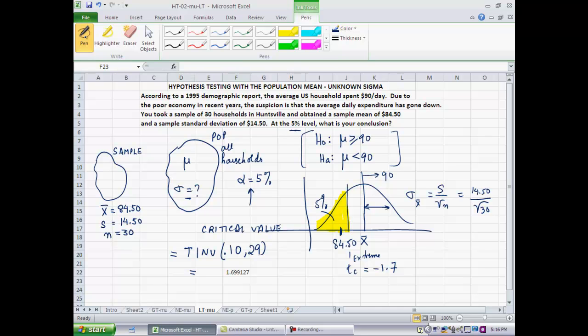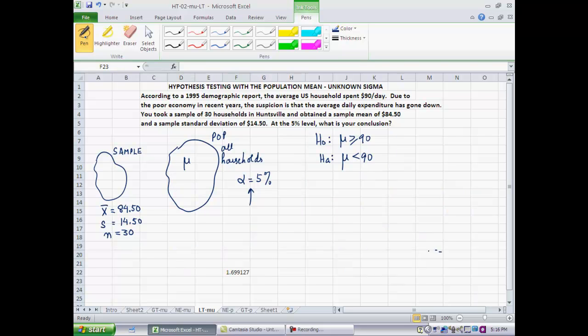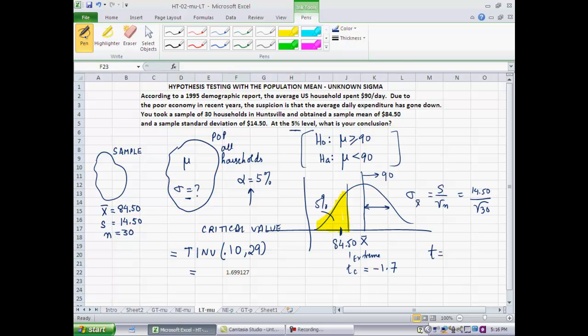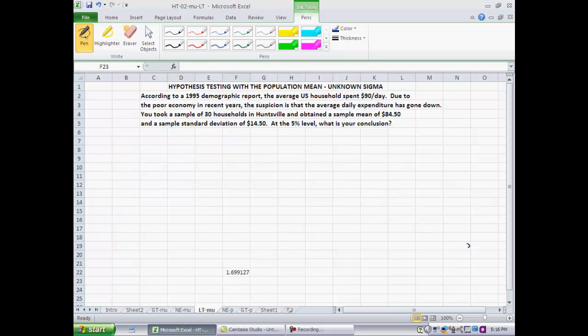So let's see what my sample statistic ends up being once it's normalized. So this is the test statistic. Test statistic is simply the sample statistic normalized for our comparison purposes. So the value that I got is $84.50. How extreme is it?